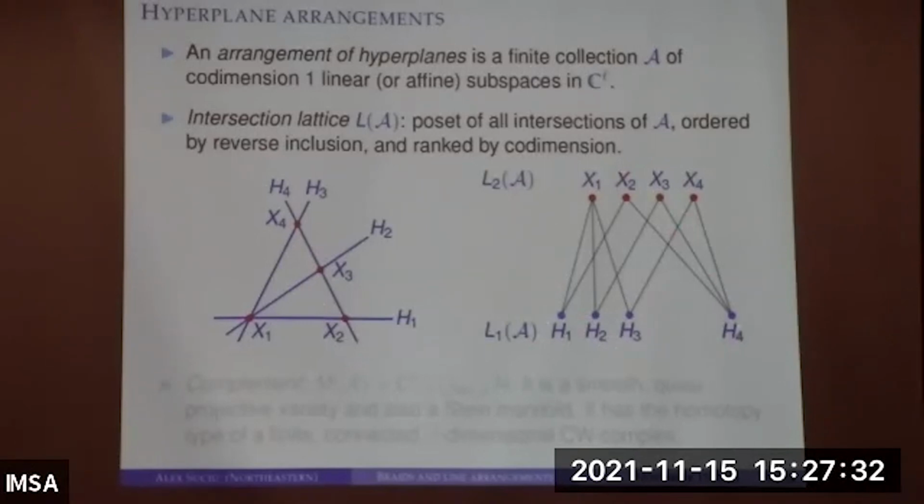These are the points and lines incidence diagram. The rank 1 is codimension 1, given by hyperplanes. The rank 2 are the codimension 2, which here are just the points of intersection. Okay.